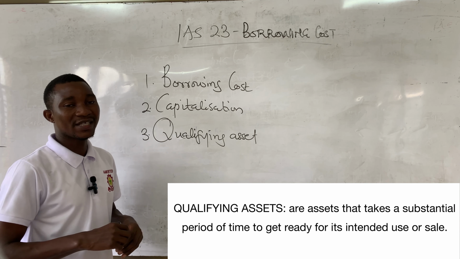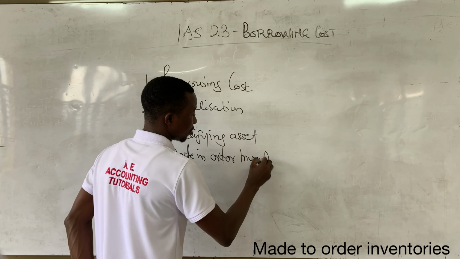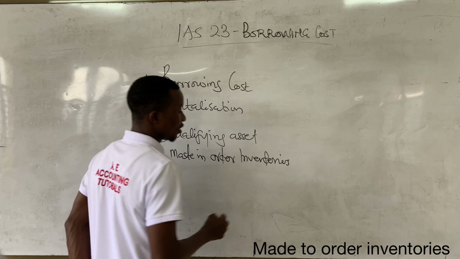An example of this is made-to-order inventories. So if the production of the inventory takes a longer period of time, then such inventory should be considered a qualifying asset.